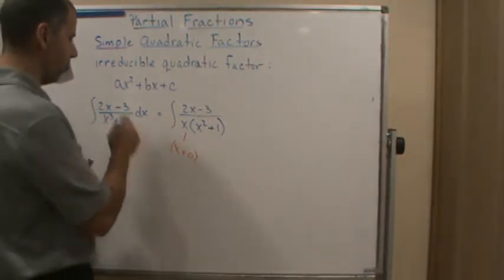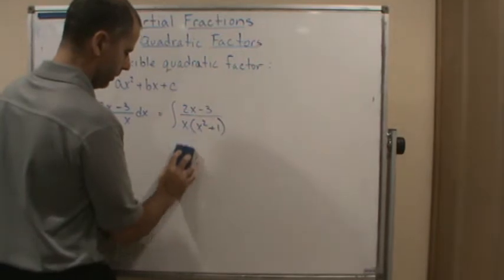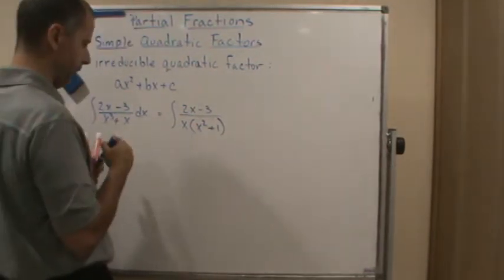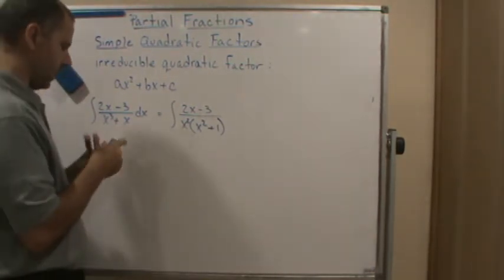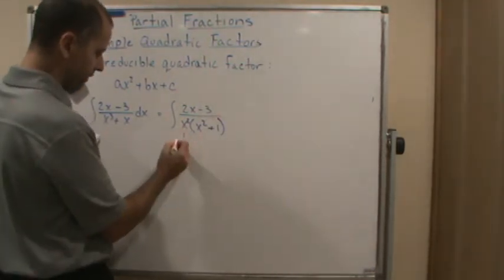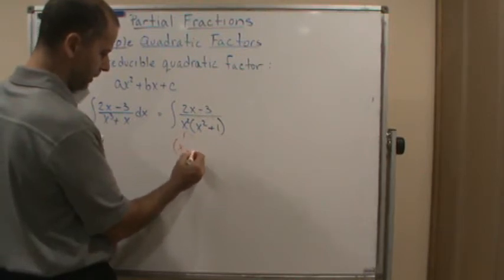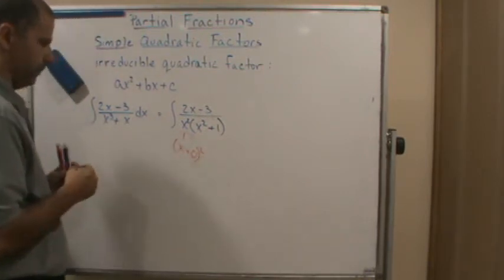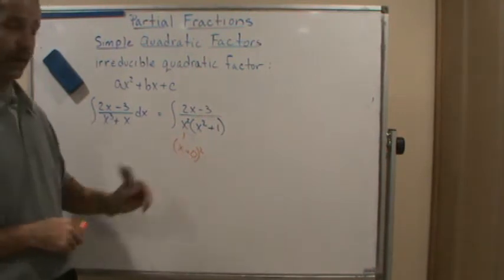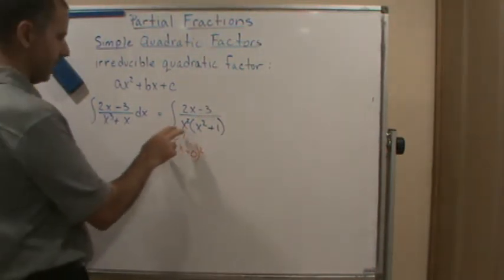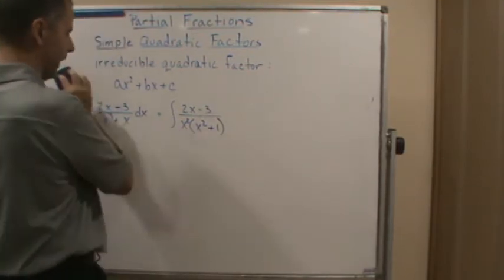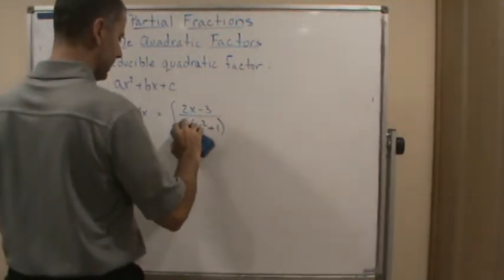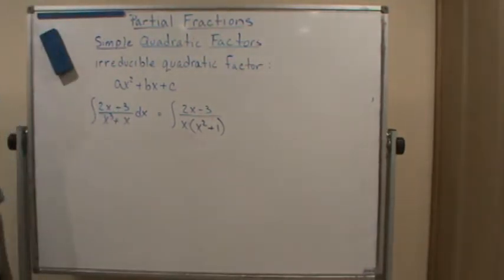Even if it was x squared, it's still a linear factor, because the way you want to think about it is x plus 0 squared. So keep in mind, any factor where it's x or x squared or x cubed or x to the nth power is a linear factor. That's a common mistake that students will make.